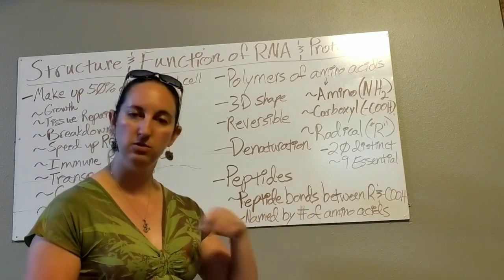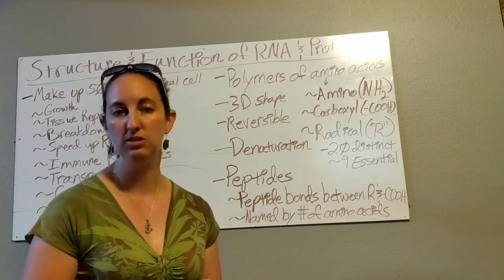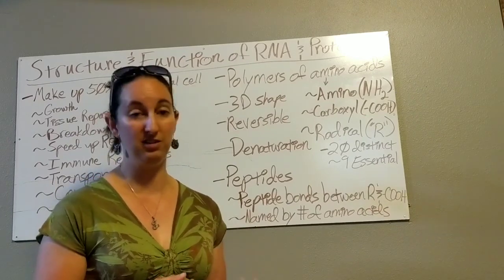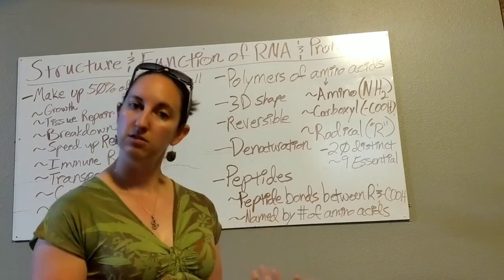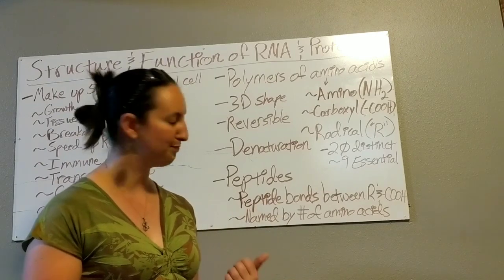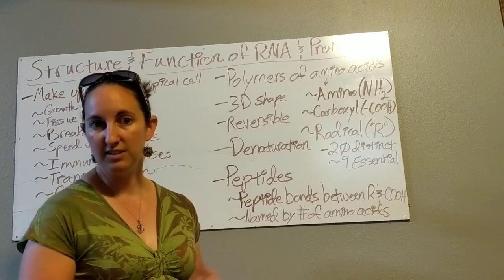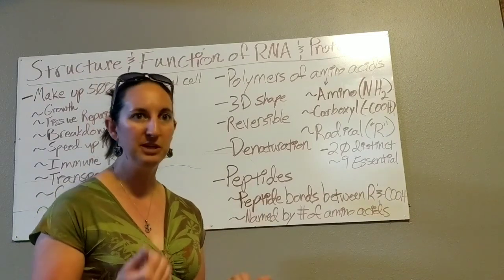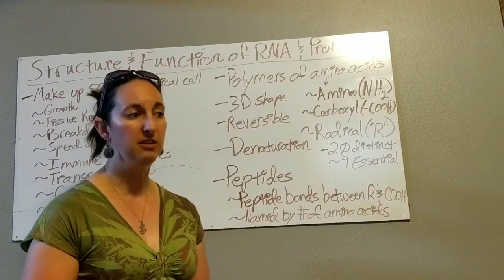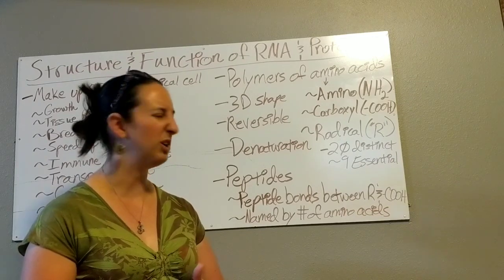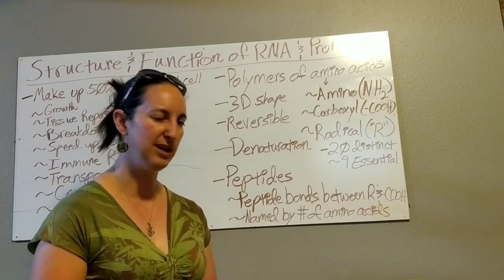So by adding lemon juice or lime juice to your guacamole, you're slowing down that enzymatic process by destroying some of the proteins that cause that reaction to happen. You can also have other things that cause denaturation, but heat and pH are kind of the two biggies. You can get it from other extremes or from adding or taking away different things, but we're not really going to go into that too much right now.